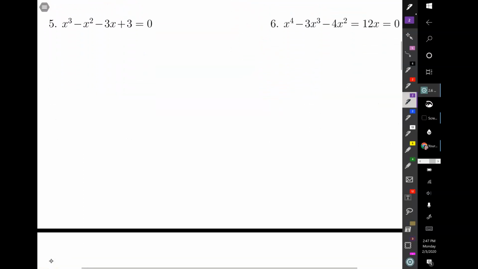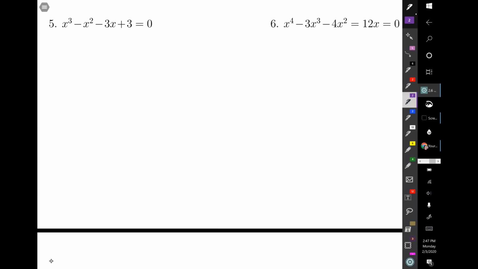Okay, so number 5 is x cubed minus x squared minus 3x plus 3 equals 0. The way to handle that one is, I have 4 terms, so I'm going to use factor by grouping. I do want to double check, can I pull out a GCF? And I can't because there's no x on that last term there.